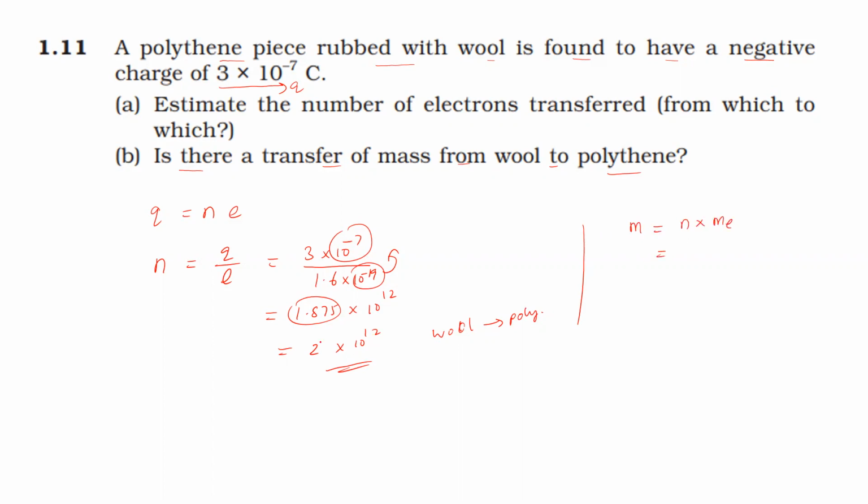Here N is nearly 2 into 10 power 12, and the mass of one electron is nearly 9.1 into 10 power minus 31. If we multiply this, we will get approximately 2 into 10 power minus 18 kilogram. So this 10 power minus 18 is very negligible, so the mass gained by the polythene when it gains negative charge increases slightly.